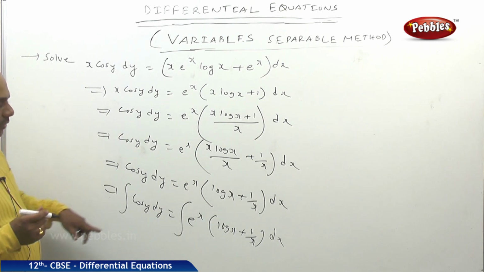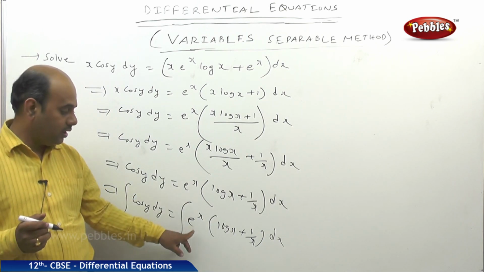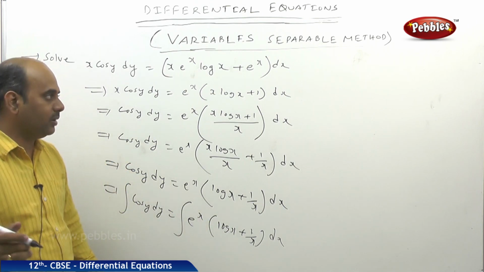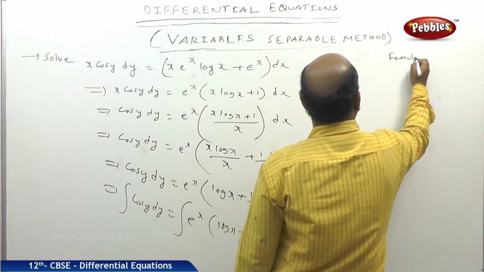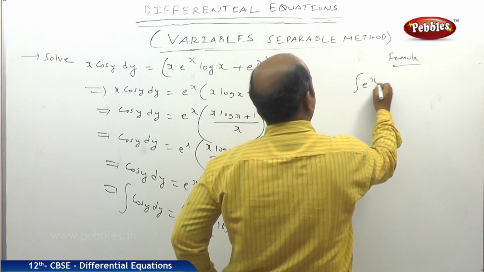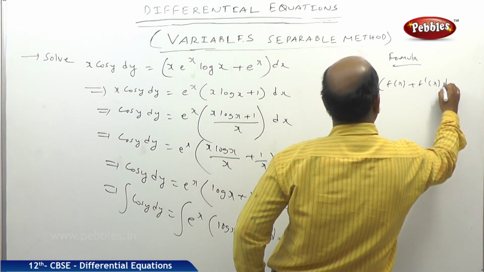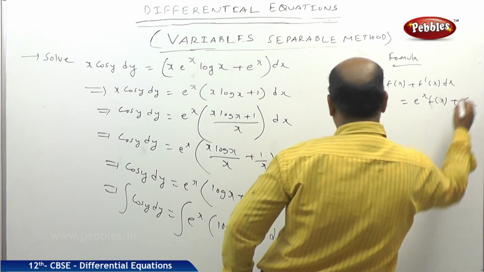If you observe carefully, the integral of cos y is sin y, and the integral of e power x into f of x plus f dash x. There is a formula, which we have done in indefinite integration. Integral of e power x into f of x plus f dash of x dx is equal to e power x into f of x plus c.